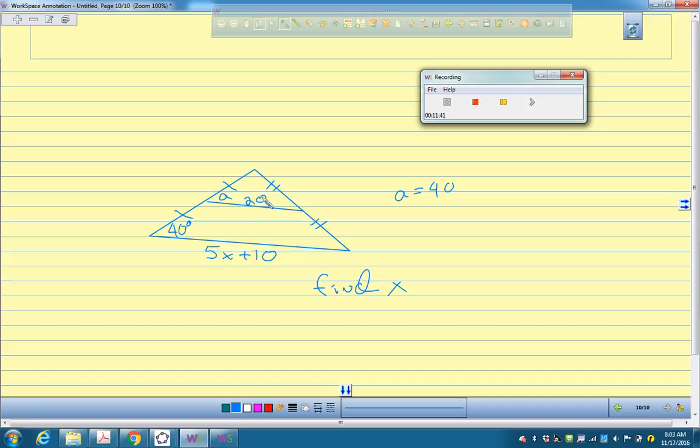What's true about the relationship between this and this? This is half, right? So if I do what to this, I get this. Multiply by 2. So I know that 2 times 20, since this is half of this, double this would have to equal that, right? Equals 5x plus 10. Got it? Okay, so 40 equals 5x plus 10. So 5x equals 30. x equals 6.